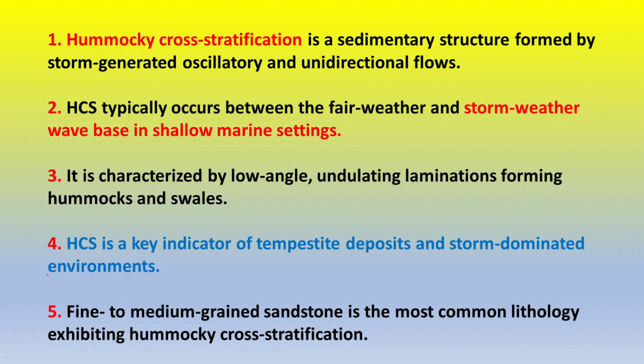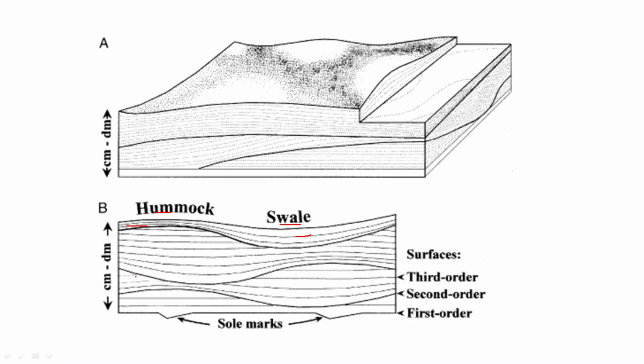Next, hummocky cross stratification occurs between fair weather and storm weather wave base in a shallow marine setting. Next, it is characterized by low angle undulating lamination forming hummocks and swales. Hummocks are, as I said, the elevated parts and swales are the depressed parts.